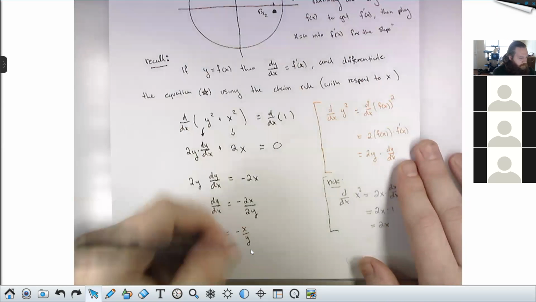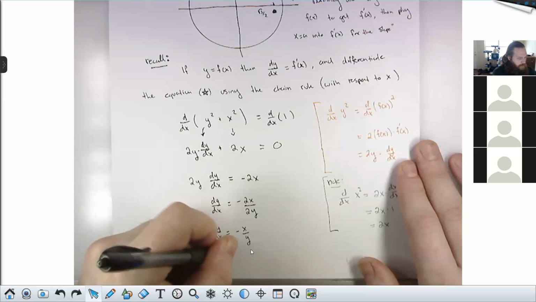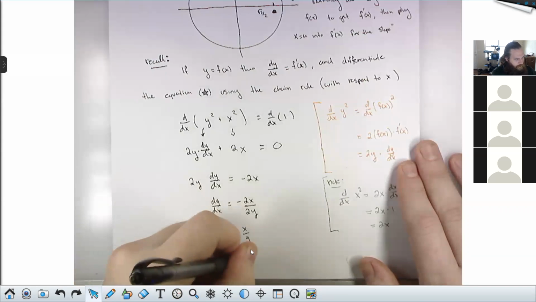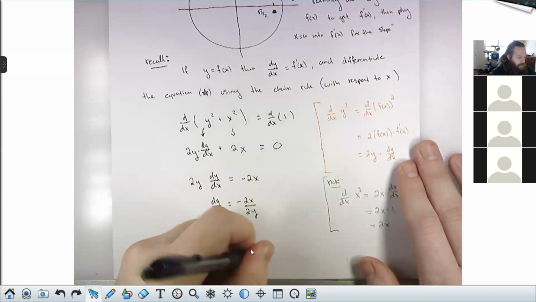Well, what's the x there? It's root 3 over 2 divided by the y, 1/2. And this is just negative square root of 3.